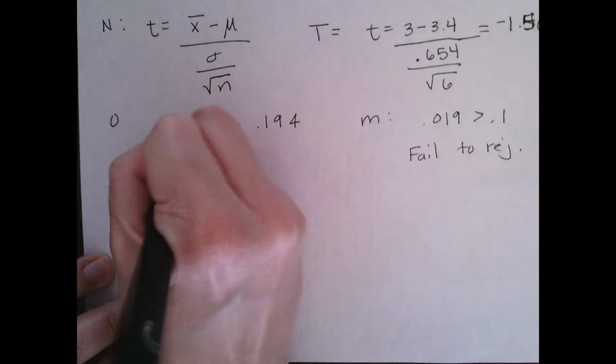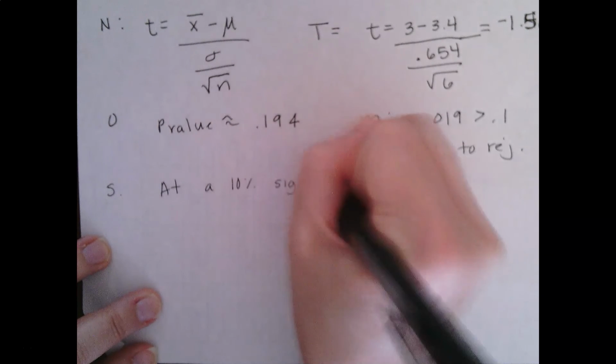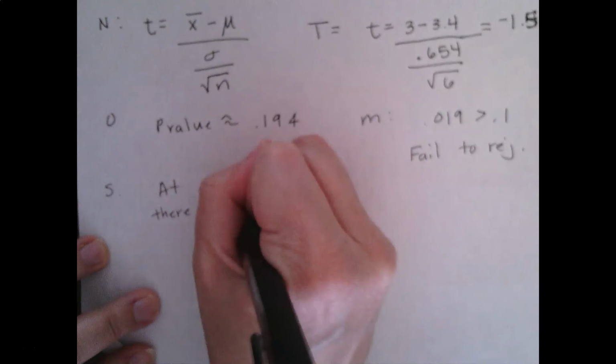My summary: so at a 10% significance level, there's not enough information to reject the null and support the claim that English majors' GPAs differ.